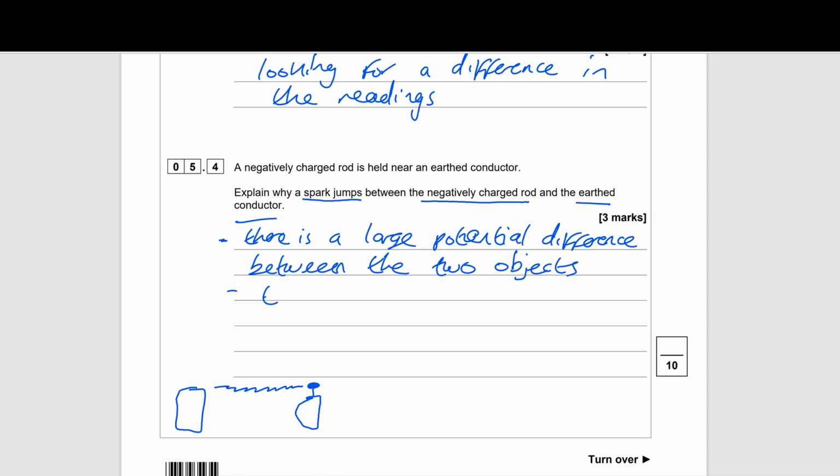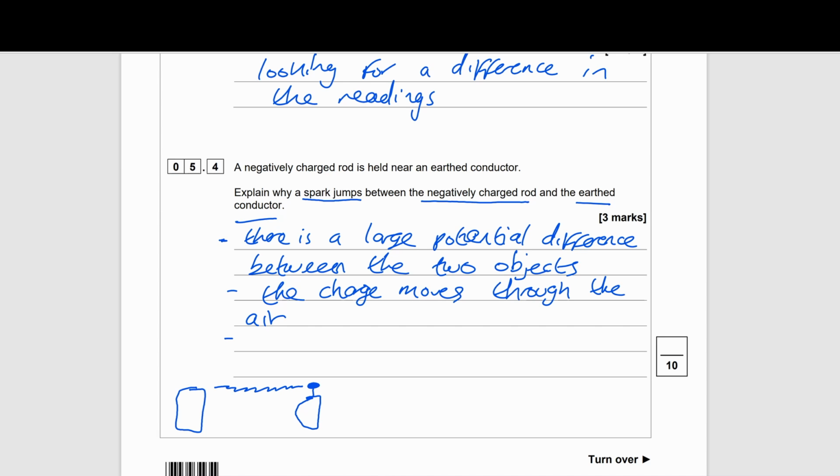Now what that means is that the charge will then move. It actually moves in the air, and that's how lightning occurs. But where are the electrons or charge moving to? And remember, what is negatively charged here?